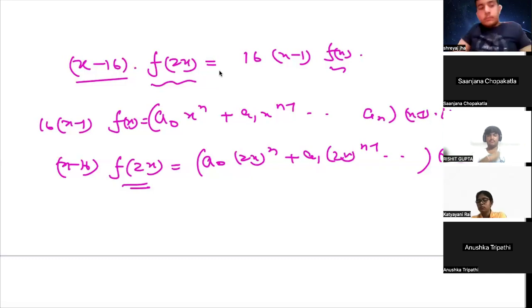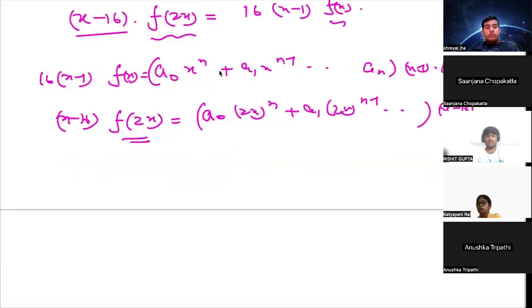We know that two polynomials are equal when the coefficient of each and every term is equal. So I'm equating only the highest degree; if that is 0, we have to go for the lower degrees. The highest degree on both sides is multiplied with x only.